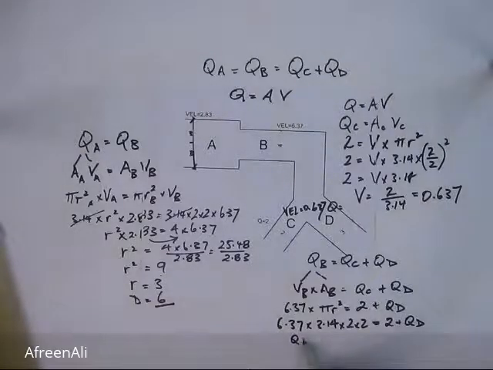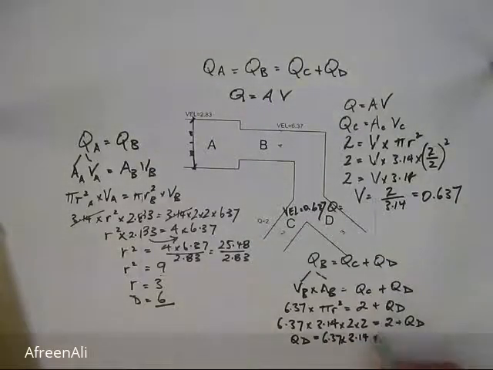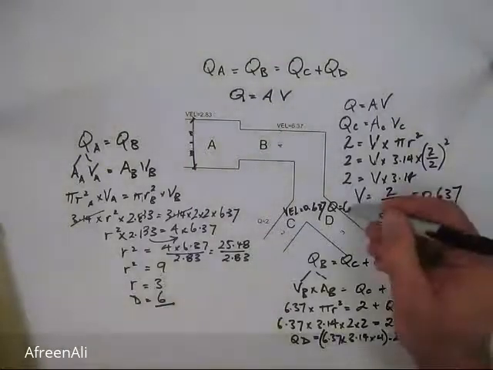And we can work out that calculation. The flow rate at D equals 6.37 times 3.14 times 4. We put some brackets around that, transpose the 2, and we find that equals 6. So the flow rate at D equals 6.